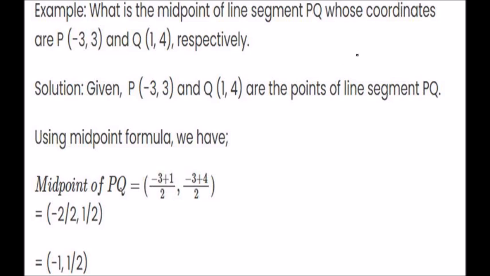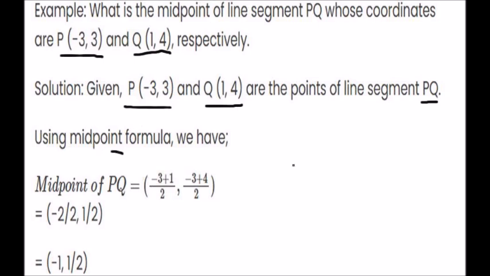What is the midpoint of the line segment PQ whose coordinates are P minus 3 comma 3 and Q 1 comma 4 respectively? The solution. Given that P minus 3 comma 3 and Q 1 comma 4 are the points of the line segment PQ. Using the midpoint formula.